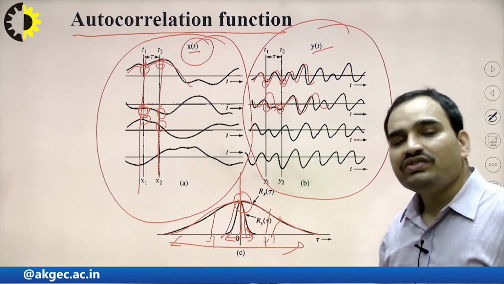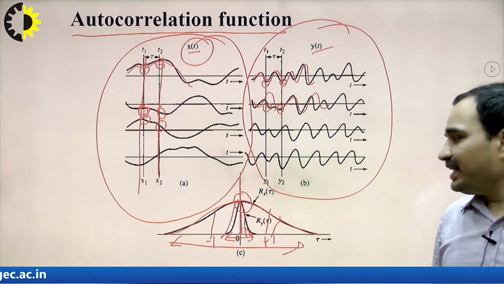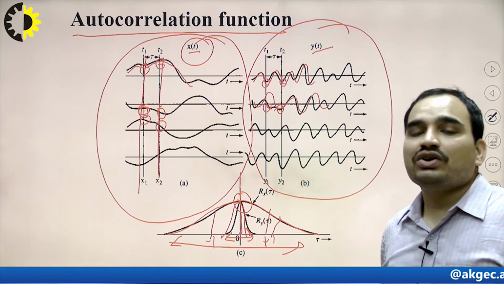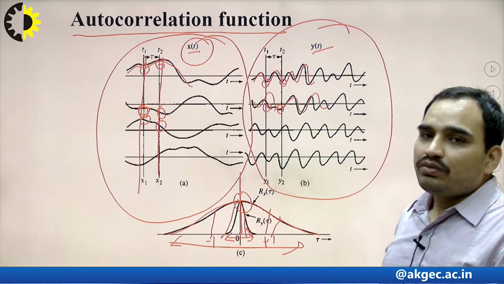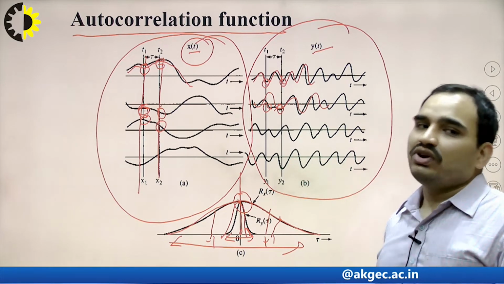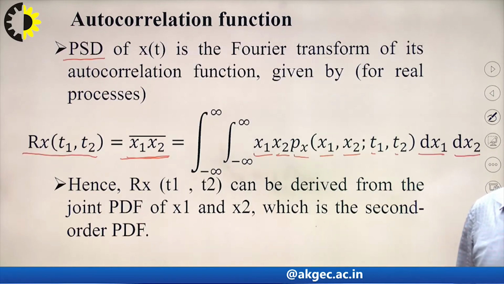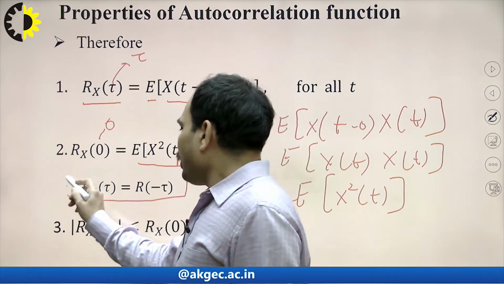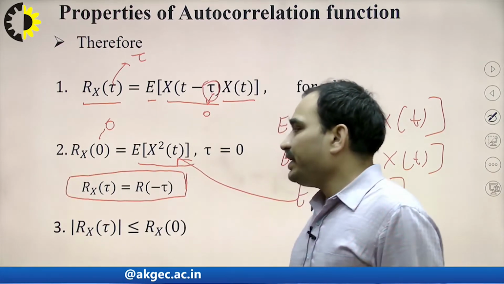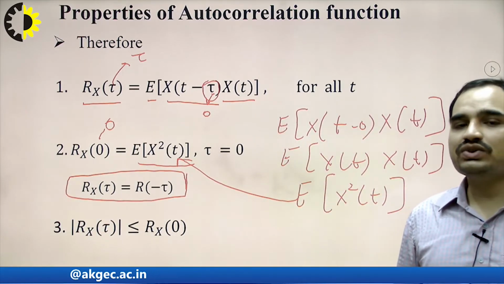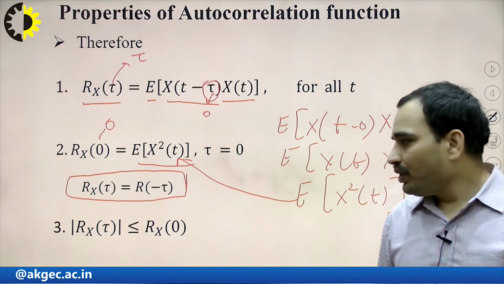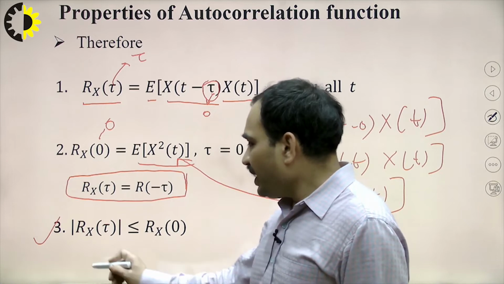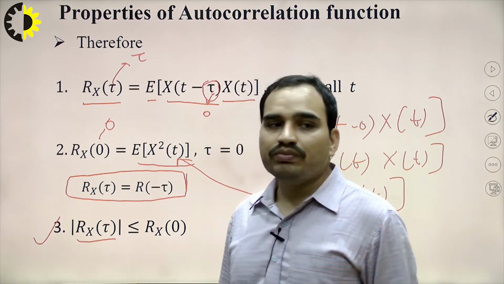Similarly for different values of tau, since it's an even function, the values will be exactly the same. The value will not change whether you find it for plus 10, minus 10, or any value. So this property holds good: the autocorrelation function is an even function, and Rx(tau) is equal to Rx(minus tau).